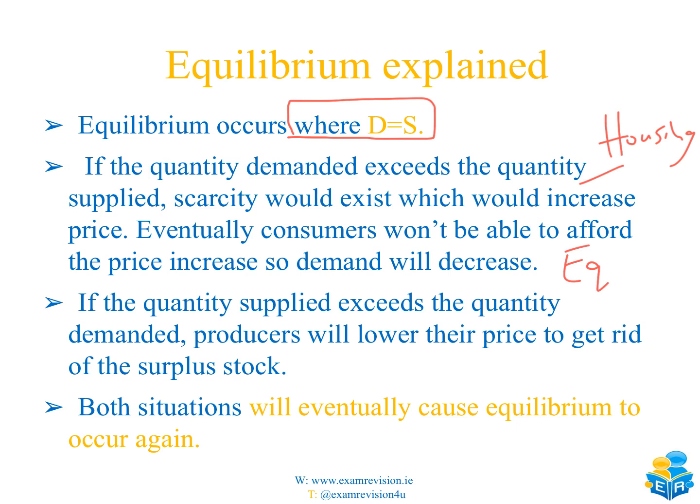And if it's the other side, if the quantity supplied exceeds the quantity demanded, people aren't demanding the goods as much, so the suppliers aren't going to be able to sell their goods at that price, so they must lower their price to get rid of their surplus stock. In both situations, they will eventually cause equilibrium to occur again.